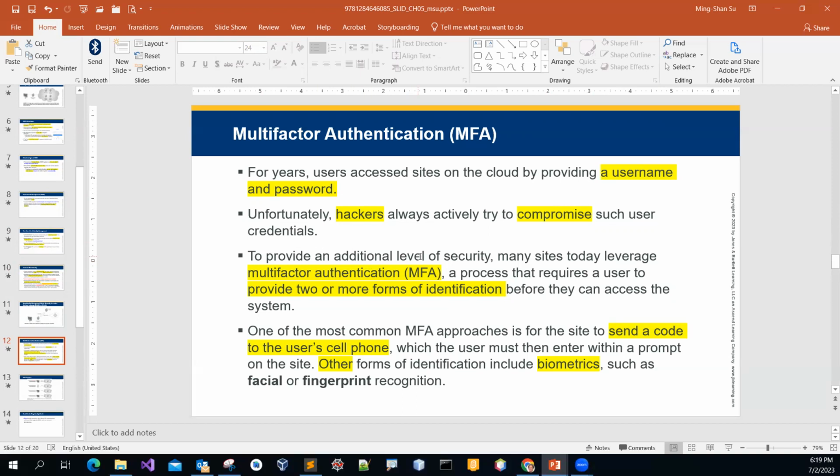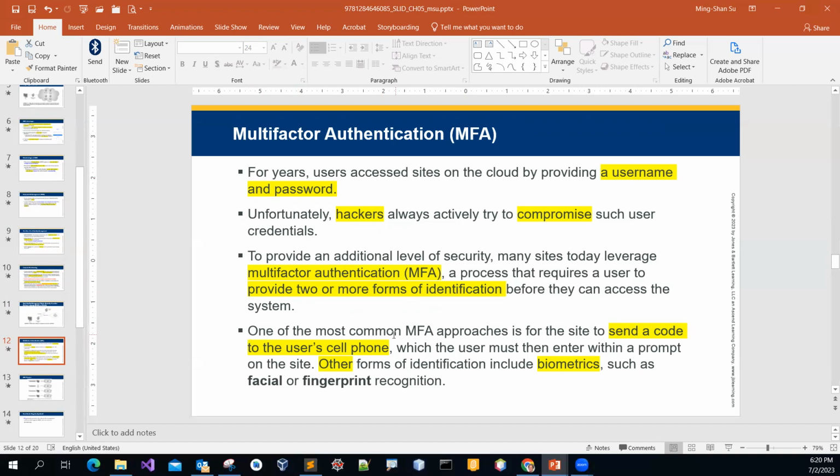To provide an additional level of security, many sites today leverage multi-factor authentication, MFA. It is a process that requires a user to provide two or more forms of identification before they can access the system.